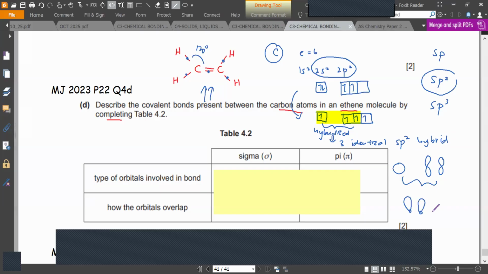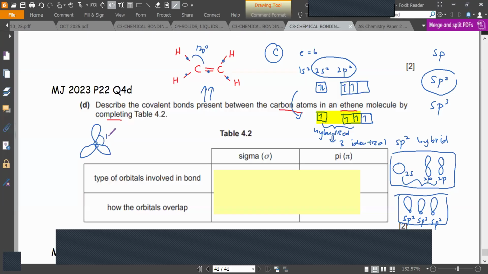So we take the 2s, 2p, 2p, and it turns into sp2, sp2, sp2. We take these three orbitals and hybridize them into three identical orbitals. These three identical orbitals will be arranged as far away from each other as possible. So that's why we have this 120-degree bond angle.